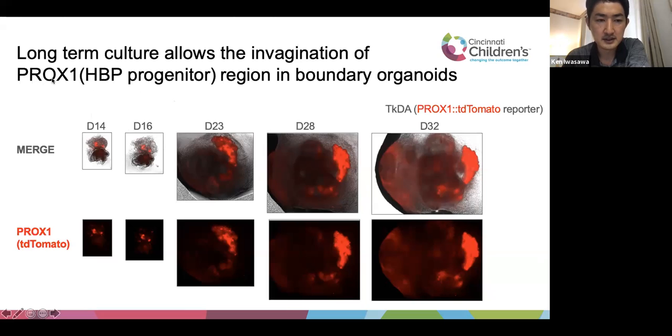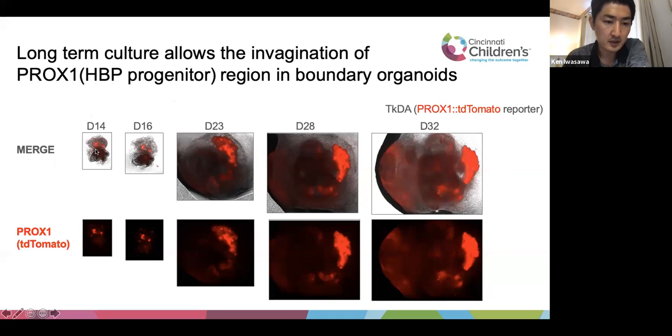PROX1 is another gene that is a marker for all the liver, the bile duct, and the pancreas progenitors. And we gene edited this iPSC so that the PROX1 expressed cells express red fluorescent tdTomato in the iPSCs.